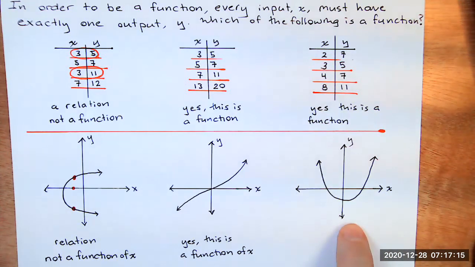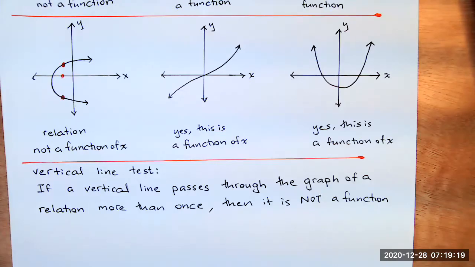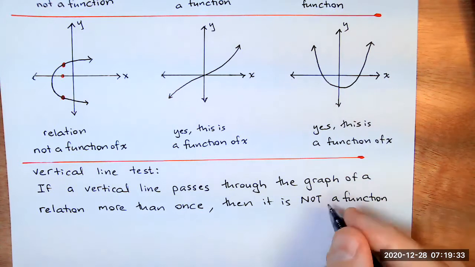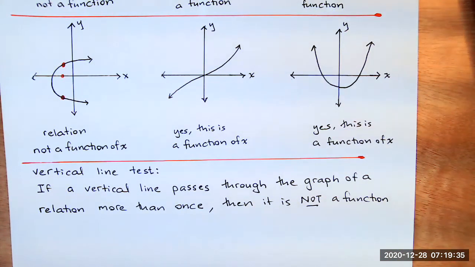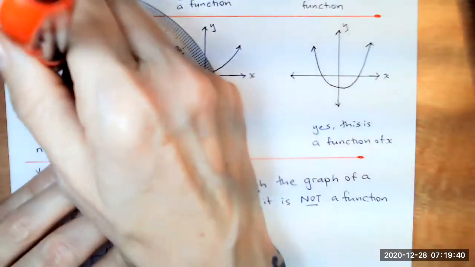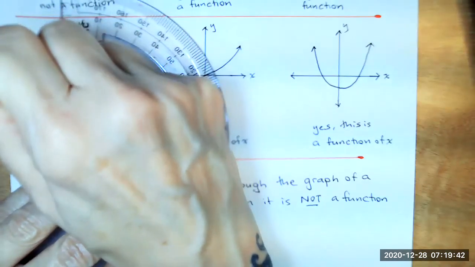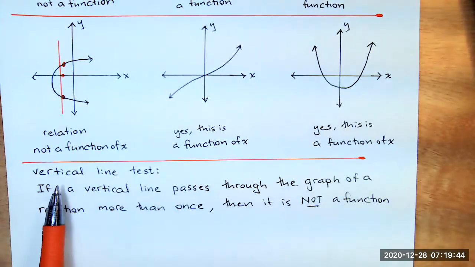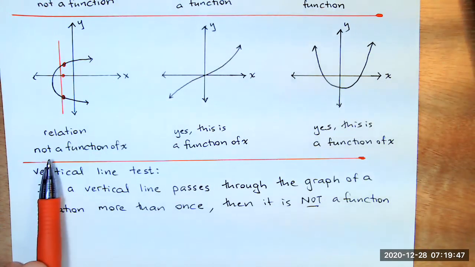So the answer for this one is yes, this is a function of x. So we can call this the vertical line test. If a vertical line passes through the graph of a relation more than once, then it is not a function. Looking at this one, a vertical line passes through it more than once, and that's why this is a relation and not a function.